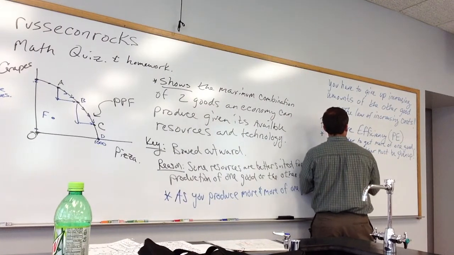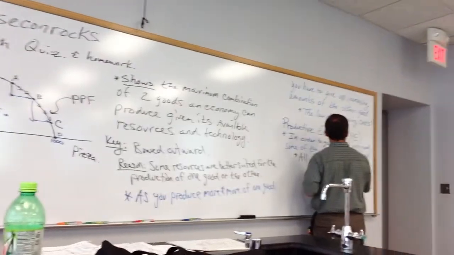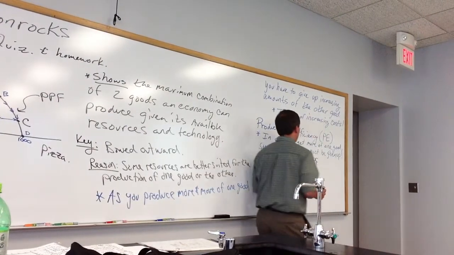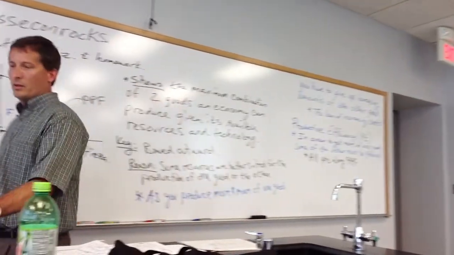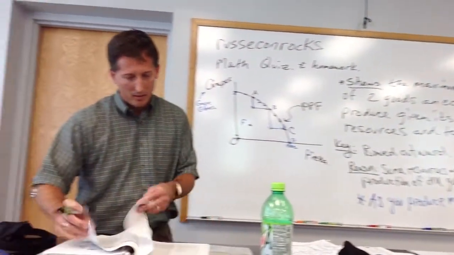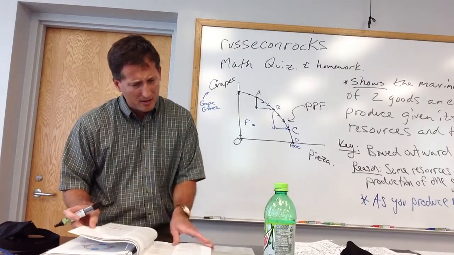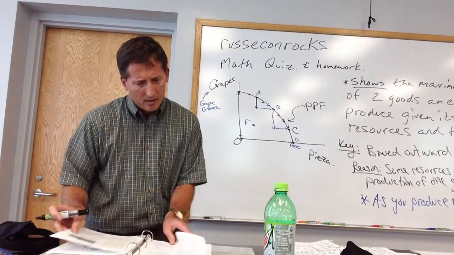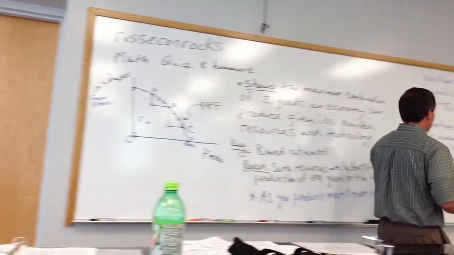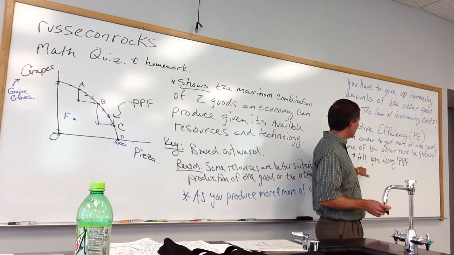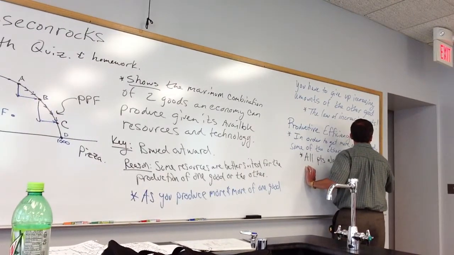So all points along the production possibilities frontier, sometimes called the production possibilities curve, even though I've been flipping back and forth, are productively efficient.